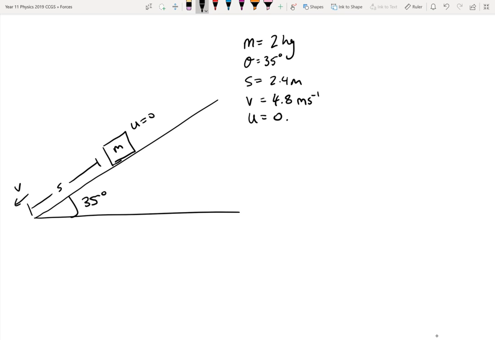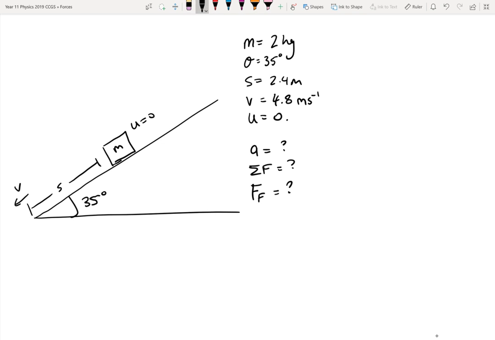Okay, so you need to go in reverse. You need to find A, which then enables you to find the net force, which then will enable you to find the force of friction. So it's the reverse order. I've made this a physically plausible scenario: friction will act up the incline and slow it down.